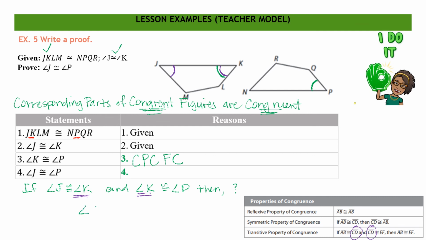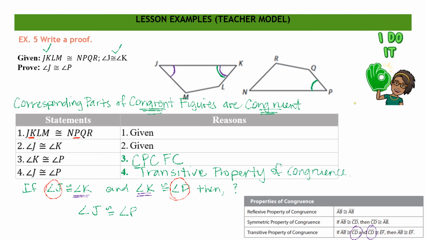Then I can say angle J is congruent to angle P. And these are the two outside parts that I'm talking about, angle J and angle P. So because angle J and angle P share a common part that they're congruent to, it also makes these two parts congruent, and they are congruent under the transitive property of congruence. And ladies and gentlemen, that is the end of this proof.